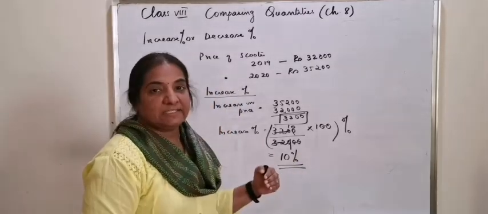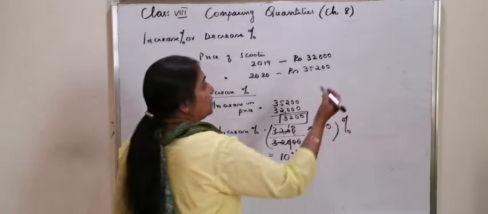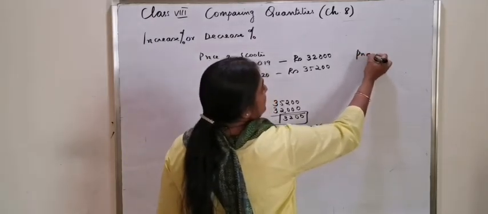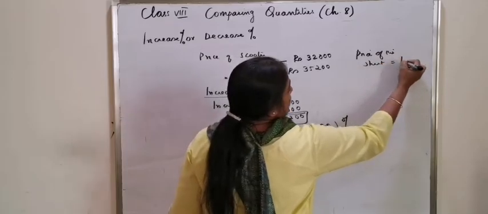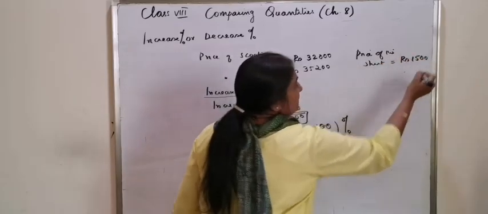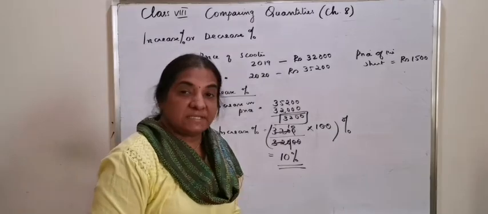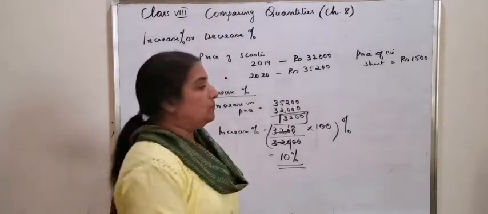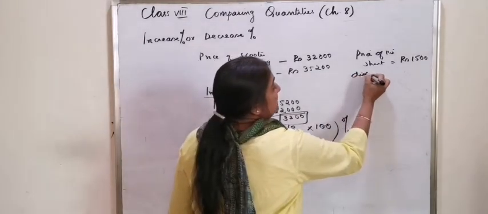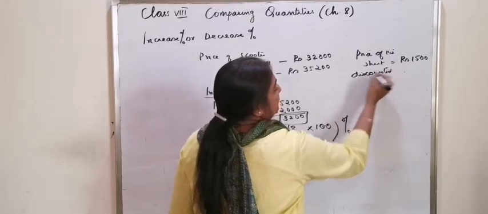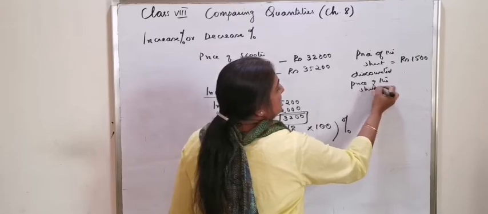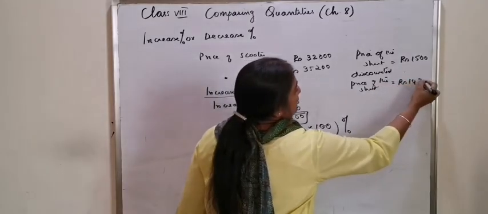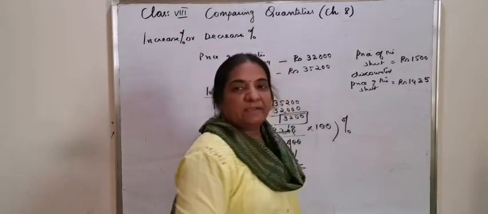Similarly, if you calculate for the shirt, what was the original price of the shirt? It was quoted at rupees 1,500. After six months, it was kept on a discount. What is the discounted price of the shirt? The discounted price of the shirt is rupees 1,425.